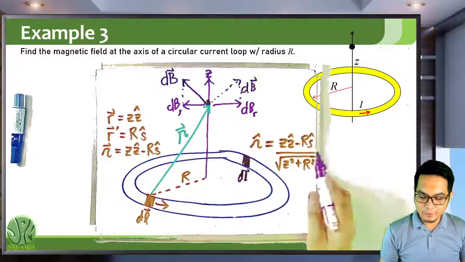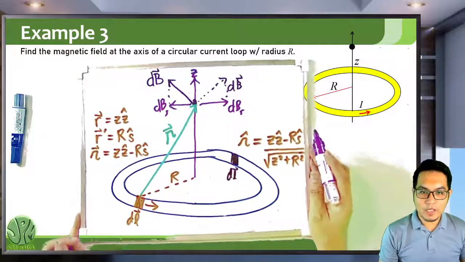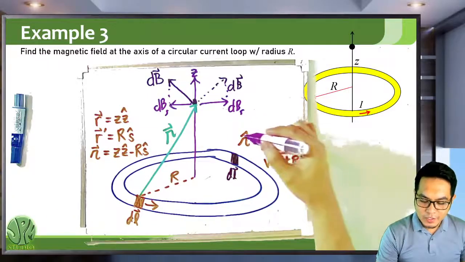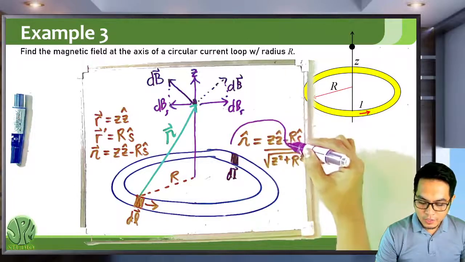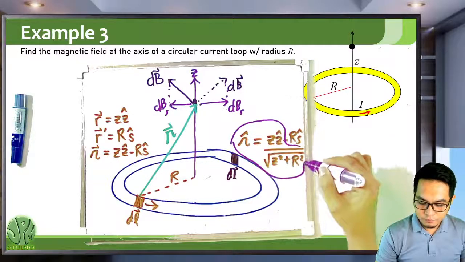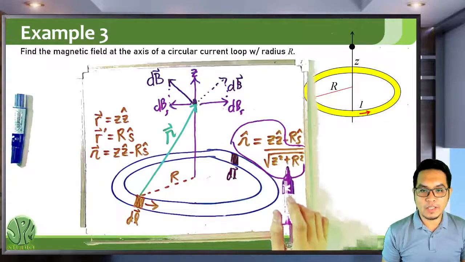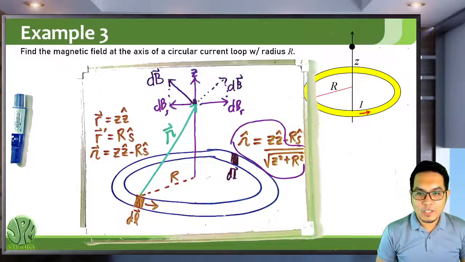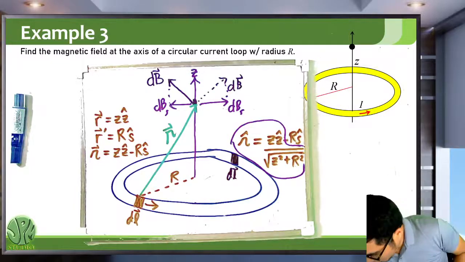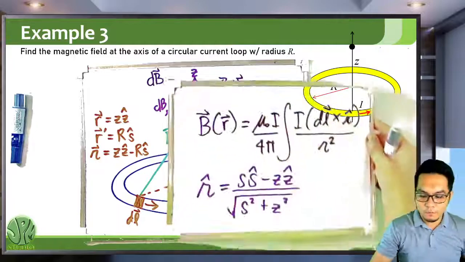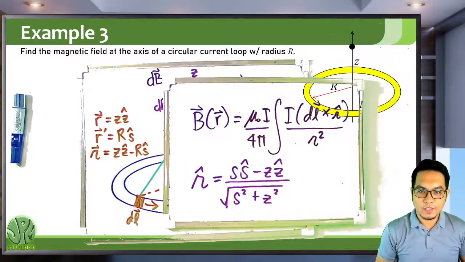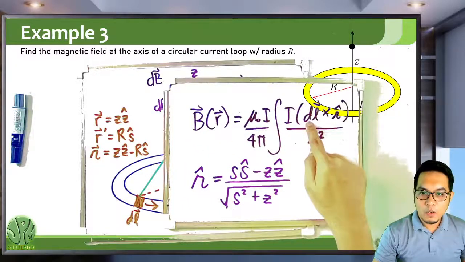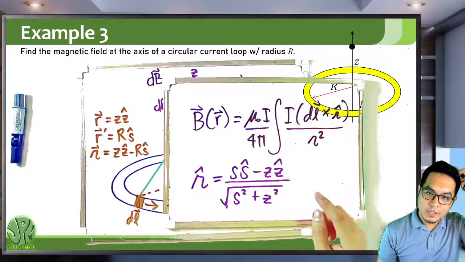So therefore, in our calculation, only the z component will actually have a contribution. So only the z hat component of r hat will actually have a contribution. So from the equation of law of Biot-Savart, we'll only take the z.